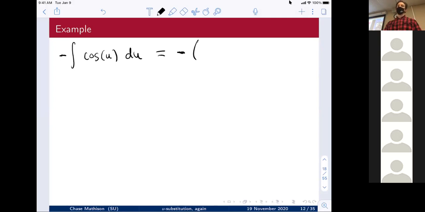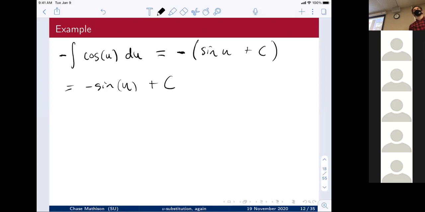Oh, we have it in the chat. Sine of u, yes, very good. Sine of u plus some constant. Okay, so this is negative sine of u. And again, if you want to write minus c, that's fine. It's an arbitrary constant. It doesn't matter if you multiply by another constant or divide by another constant, it's still some arbitrary constant.